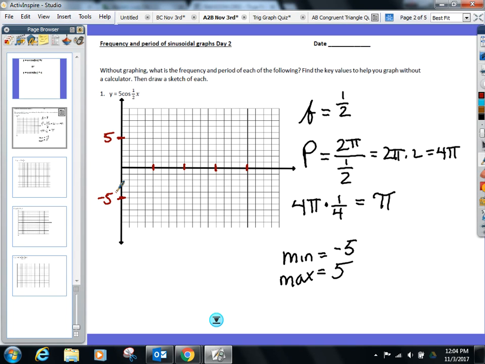First value should be pi on the x-axis. Last value should be 4 pi. In between, you add pi every time.